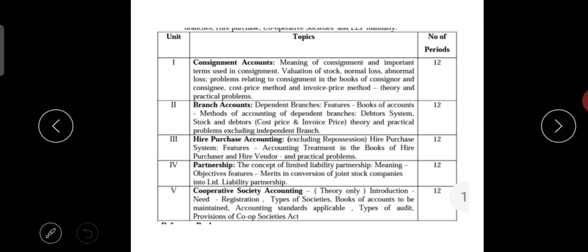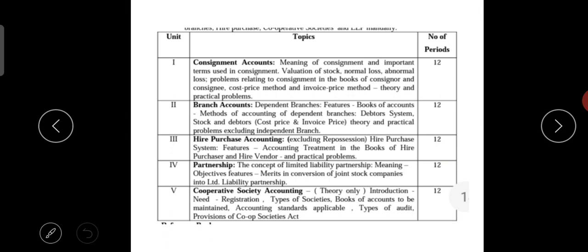When branch accounting records are kept separately, the head office is in a position to know the results of every branch. That means when a particular branch is not making expected profit, then the management or the head office can take the decision to improve such branches, or they should be closed at the earliest.